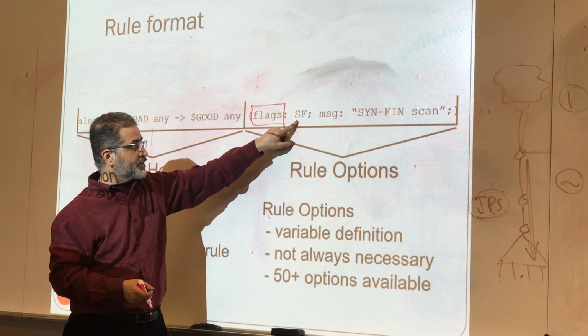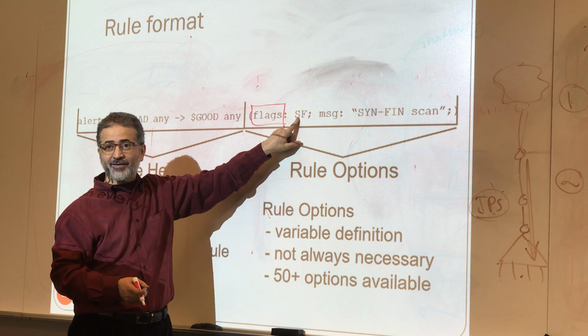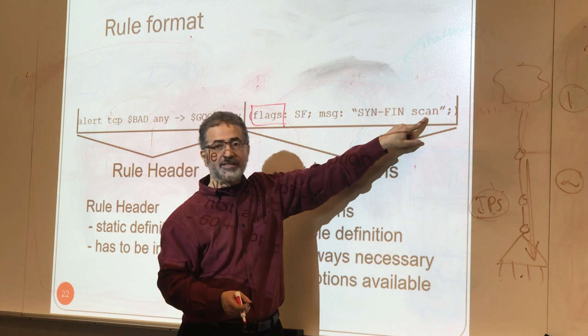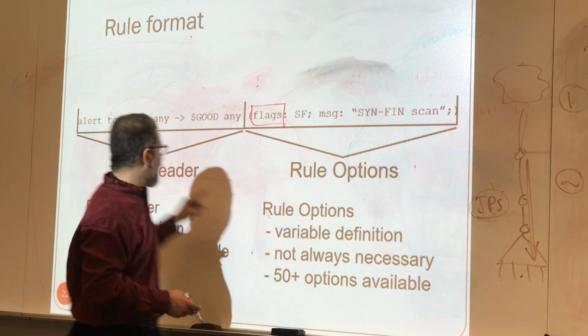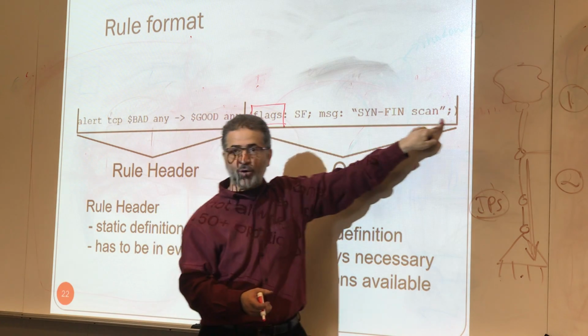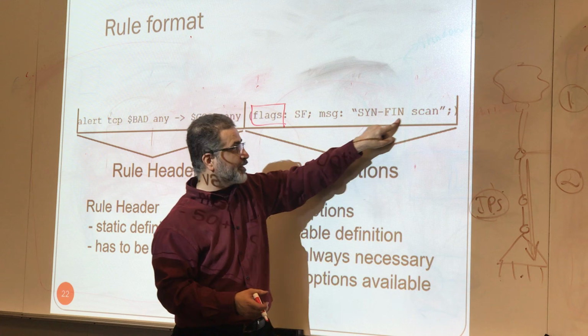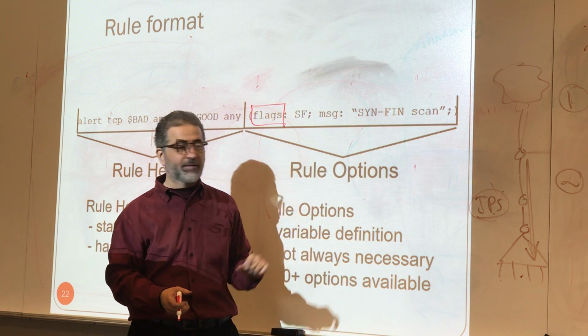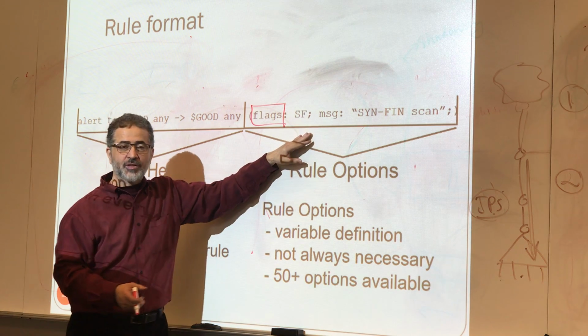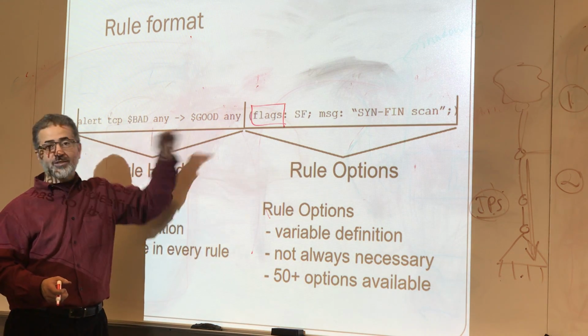You're saying that if S and F are both set, then the message will be SYN FIN scan. The alert, the alarm, is going to have this keyword: SYN FIN scan is going on, because of this flag. This Snort rule is based on the header.